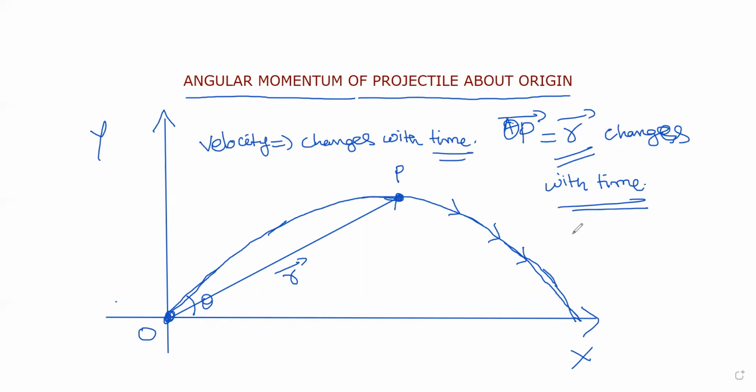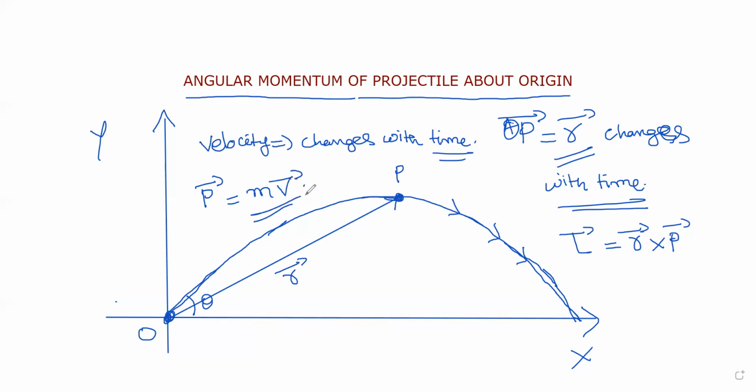So basically, what is angular momentum? Angular momentum, L bar, is nothing but R cross P, where P is the linear momentum. How do we calculate linear momentum? It's a very simple concept. Linear momentum is equal to mass times velocity vector.